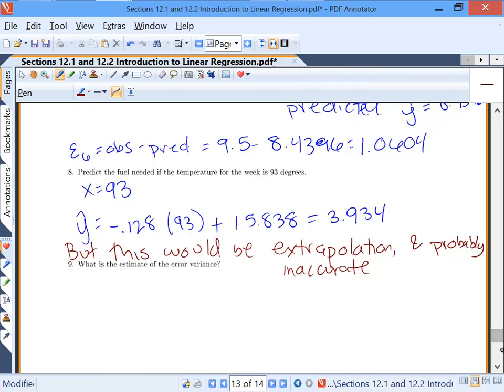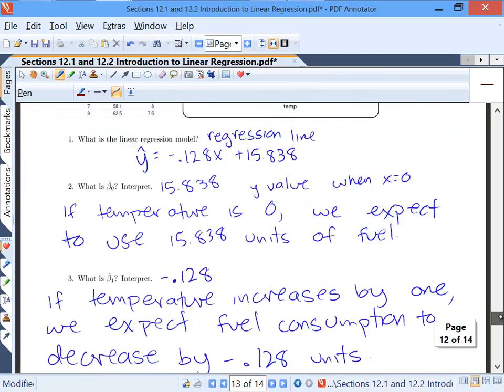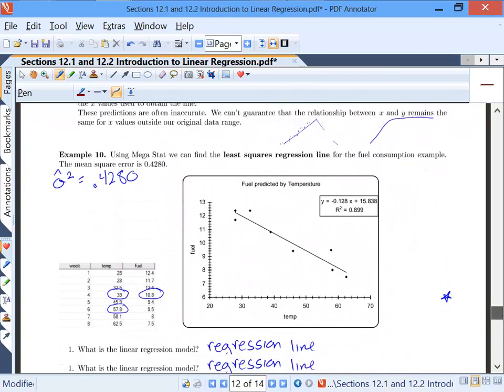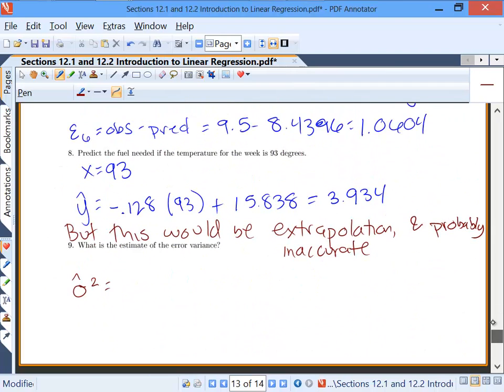Okay. And finally, what was our estimate of our error variance? So we asked for the estimate of the error variance. That's just sigma hat squared, and we wrote that down on the first page. Let's see that our mean square was 0.4280, and I'm telling you that's the term for the estimate of the variance of the errors. So just 0.4280.